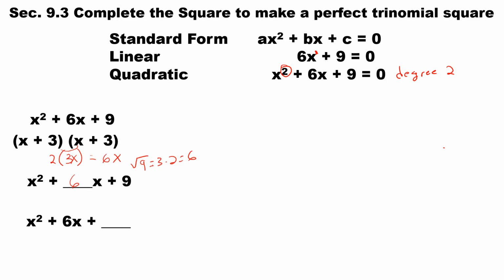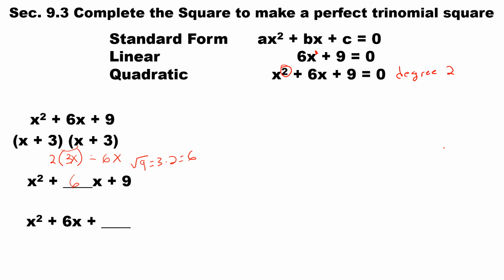Now what if I gave you this? I said x squared plus 6x plus blank. How do we go about finding that constant term, the third term? What are you going to do? Well, that's very simple. Think about it this way.